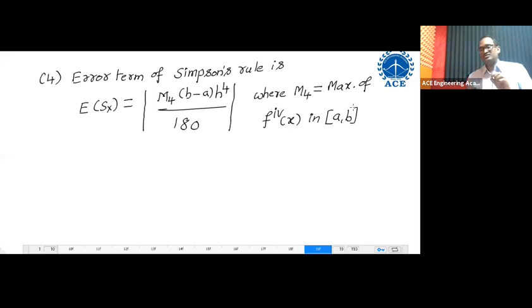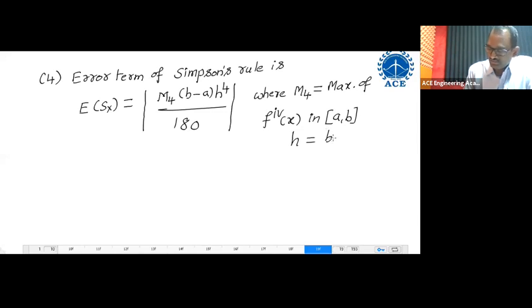That means you need to find the 4th differentiation of f of x, that is f power 4 of x. Find f power 4 of x at each and every point of the interval a comma b. At which point you get the highest value, that should be taken as M4.